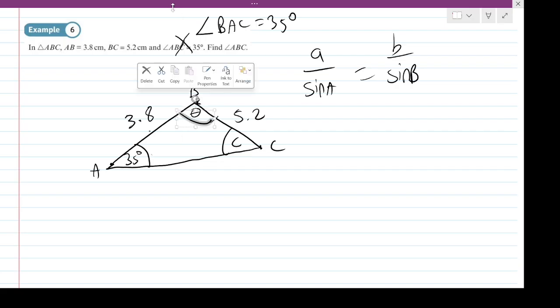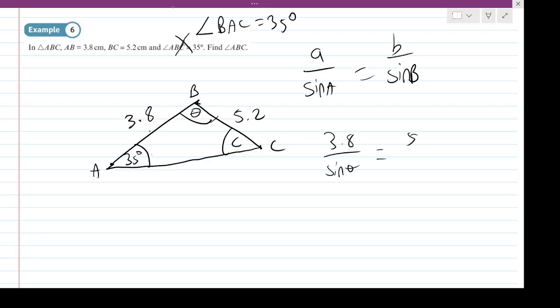The side facing theta is this side here. So we do not say that 3.8 over sine theta is 5.2 over sine 35. We do not say that because this fraction is not true. Because the angle theta is not facing the side 3.8. It's opposite to this side here, AC. We do not know what AC is, so we can't use it for theta.